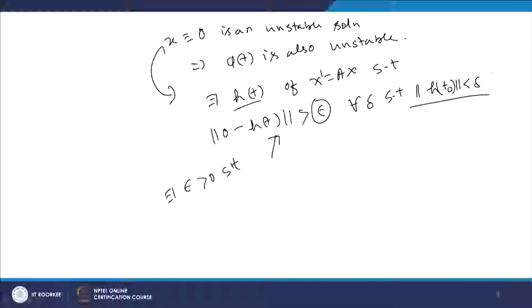So, we can write it like this: h of t is one such solution that is near to 0 at t equal to t naught.